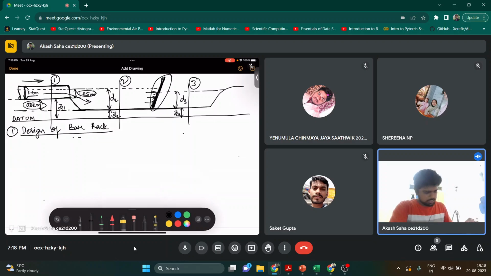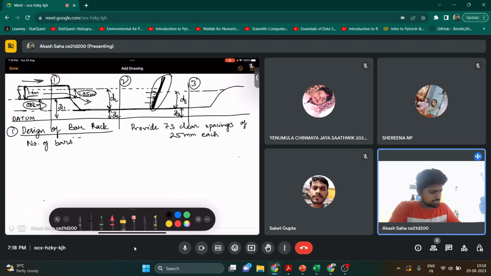So now we know the clear width. So the number of bars. So we have to provide, from last statement, we will provide 73 clear spacings of 25 mm each.